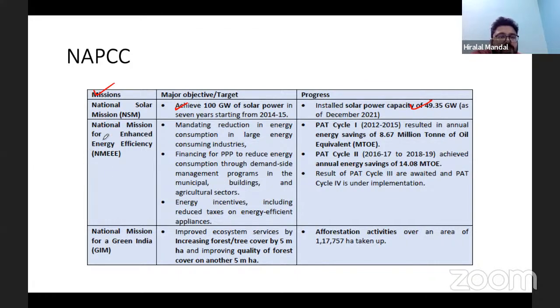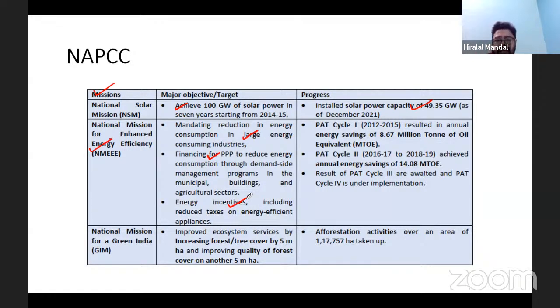Another project is the National Mission for Enhanced Energy Efficiency. Of course, we have done reasonably well on it. It aims to reduce energy consumption in large energy-consuming industries. It also aims for financing through PPP to reduce energy consumption through demand side management programs. It also aims to incentivize energy efficiency by reducing taxes on energy efficient appliances.